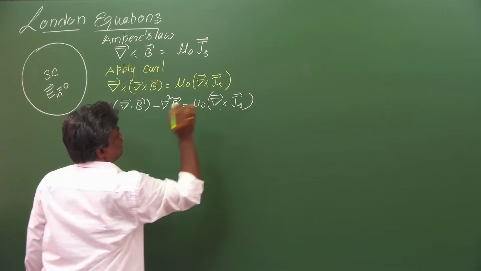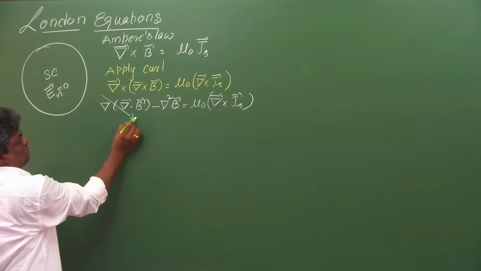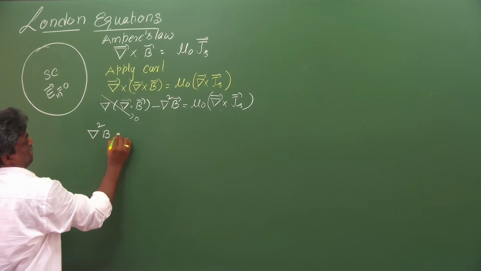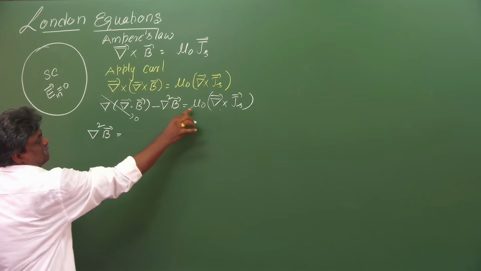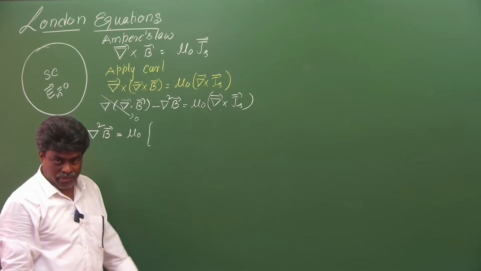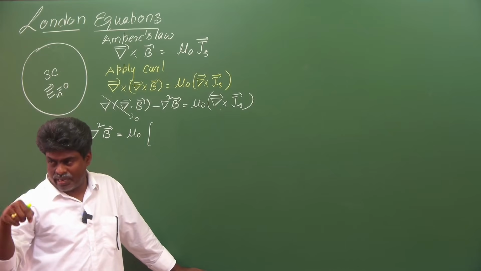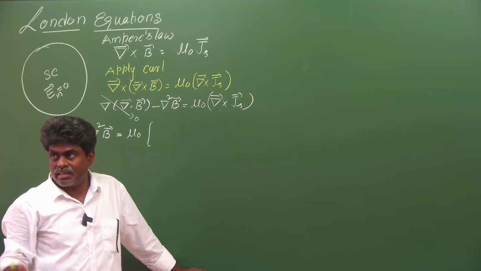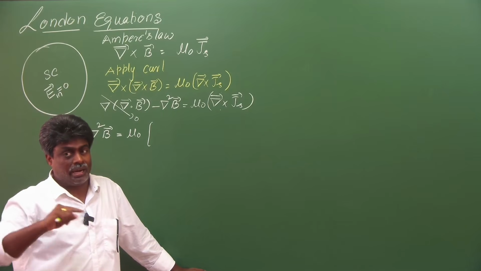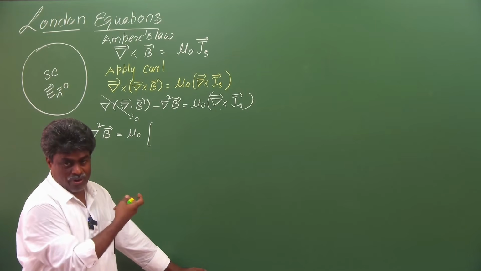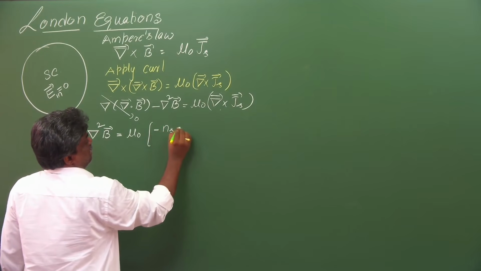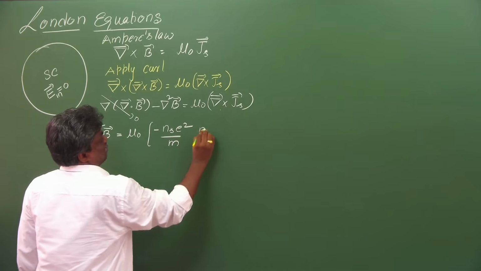Everybody knows del dot B equal to 0. Then finally del square B equal to, and this is mu naught, and this is London's second equation. The first equation is dJ by dt equal to ns e square by m E. The second equation, curl of J, contains B: minus ns e square by m B.